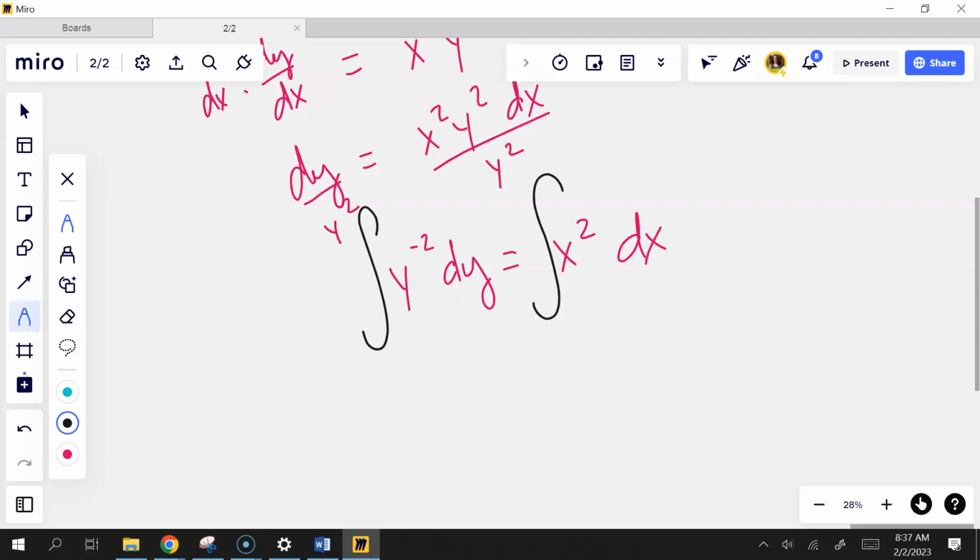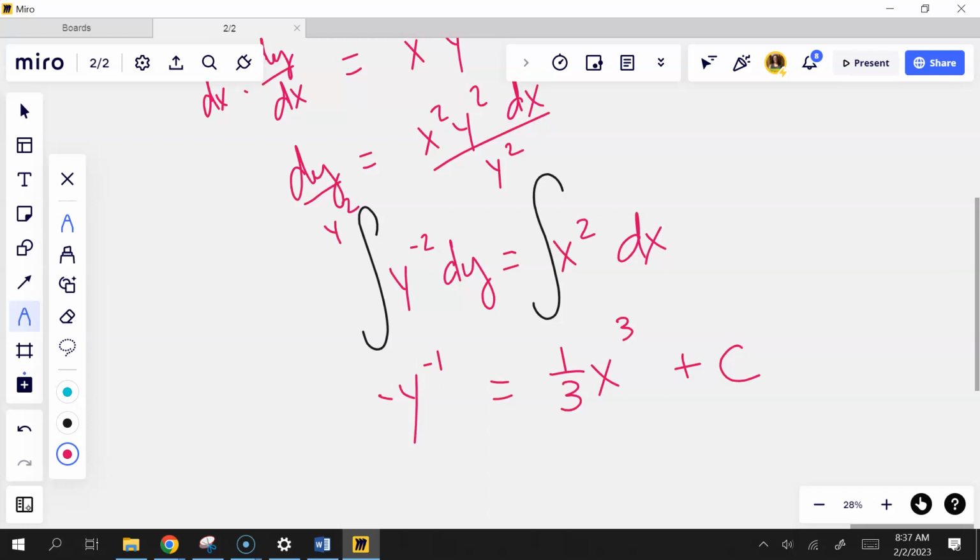Negative y to the negative 1, right? And it equals, what's the antiderivative of x squared? 1/3 x cubed. And I'm going to give the plus c to the x side just because it's a constant. It doesn't matter which side you add it to. I'm going to keep it on the x side.